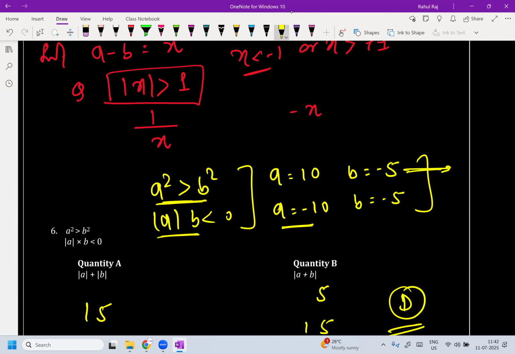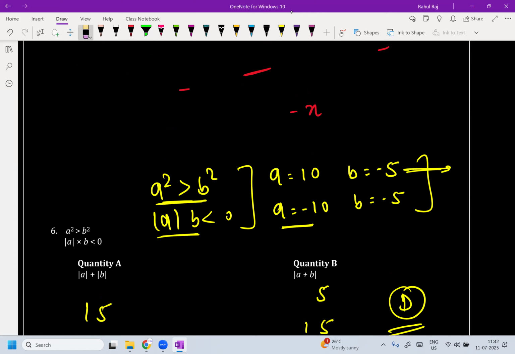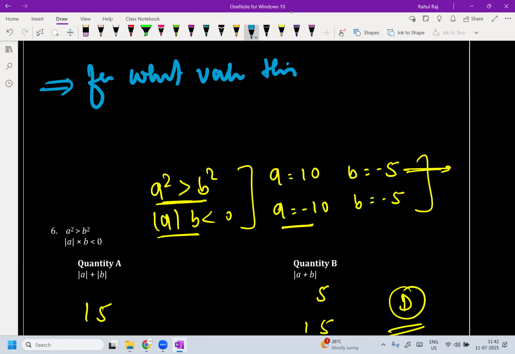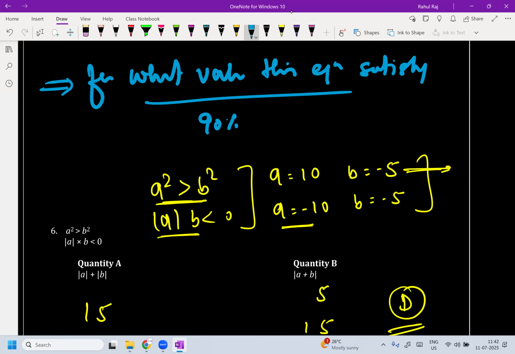If you understand one logic very clearly, every place, any moment you look into the question, there should be only one statement in your head: what values this equation satisfies. This will solve 90% of your questions, I'm telling you. 90% of your questions will be solved just by this one line. And it works with inequalities also, by the way, not only absolute value.